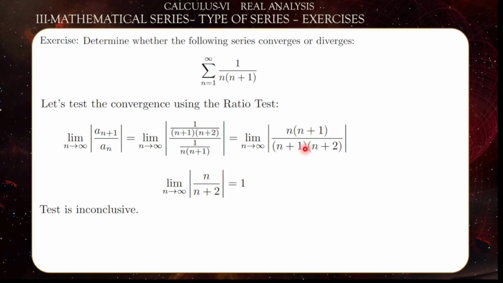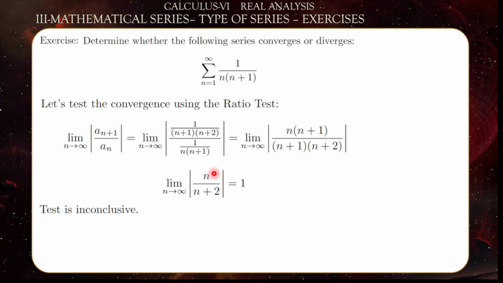Because as you factor it out, okay, here's what happens. n times n plus 1 is n squared plus n, and here you factor out n, according to the L'Hopital rule. So the point is, this becomes equal to 1, okay? Why?